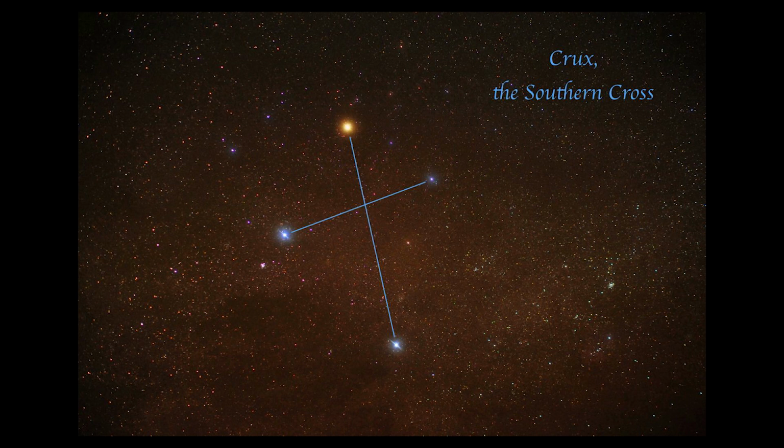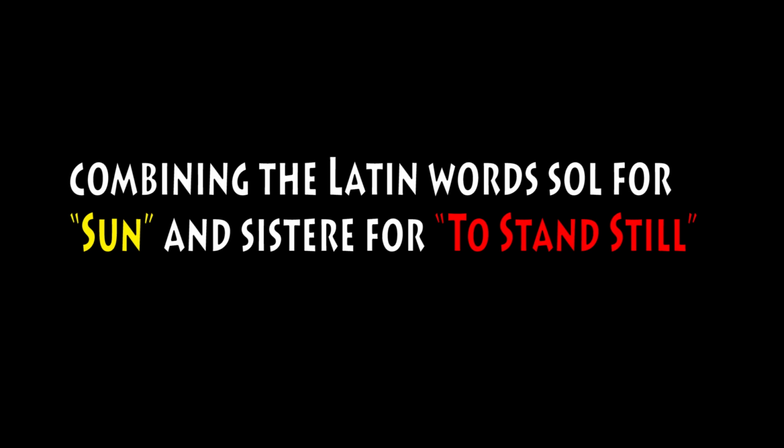Every December 21st, the first day of winter, and the shortest day of the year, the longest night of the year, the solstice, which means sol, sun, and sistere, to cause to stand still.